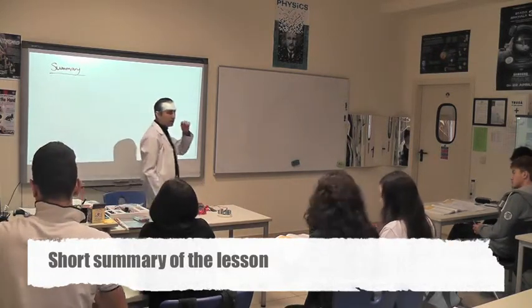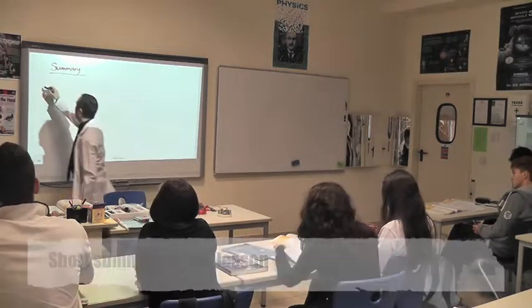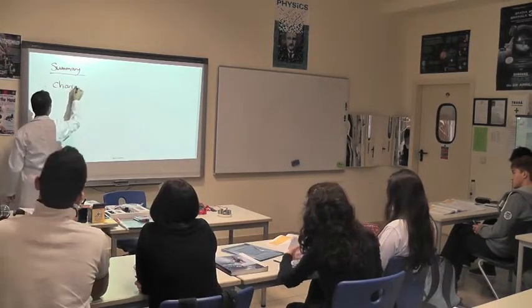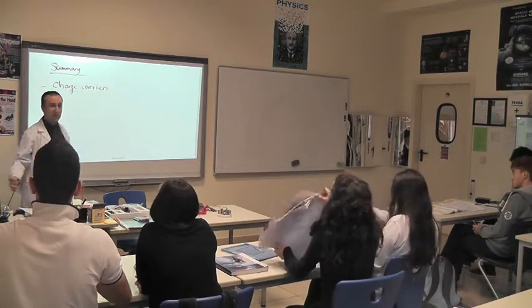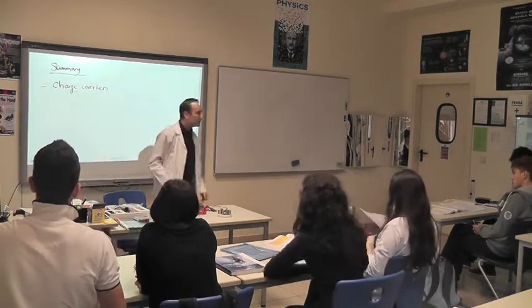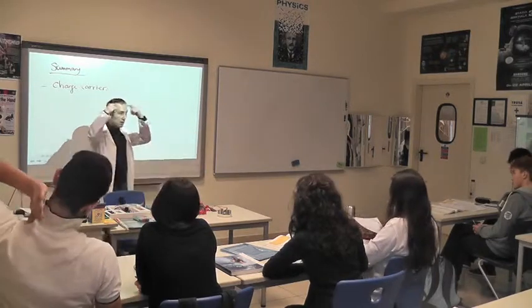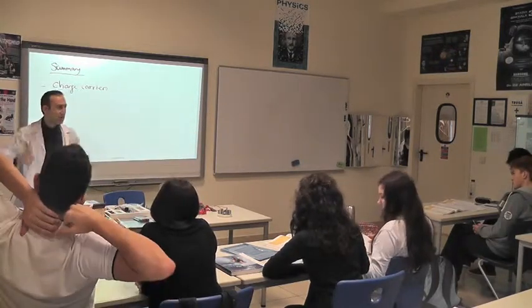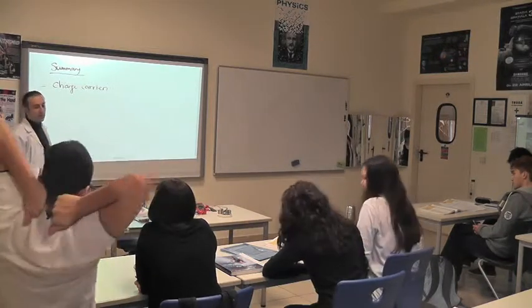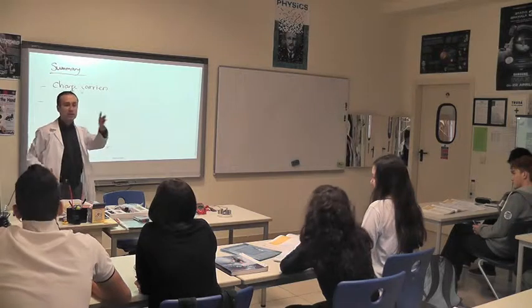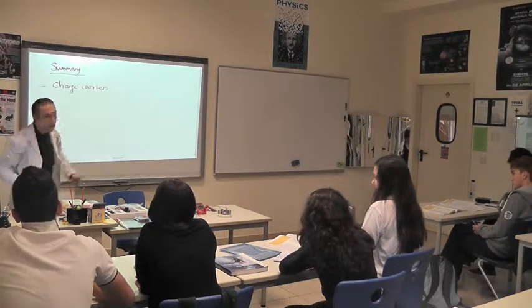Let's summarize. We have learned, first of all, you have remembered charge carriers, right? Can be positive, negative, or both in each case. And you have learned how brain works, how neurons transmit their signal. We have just remembered the equation from the last lesson. What was it again?